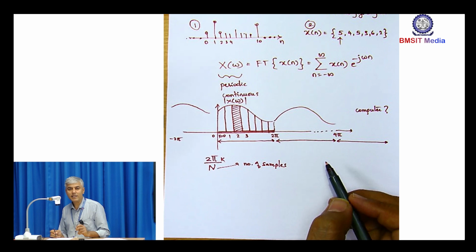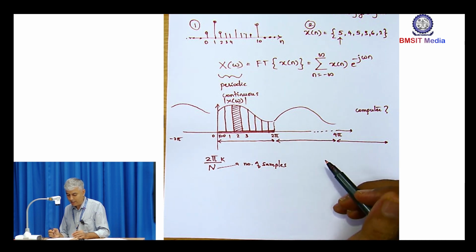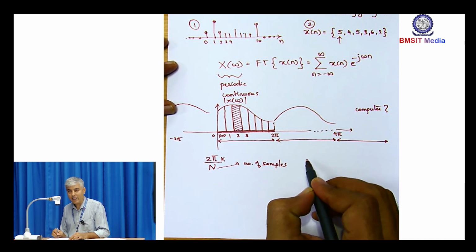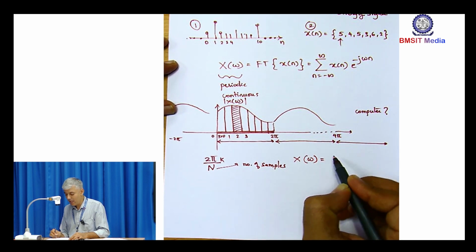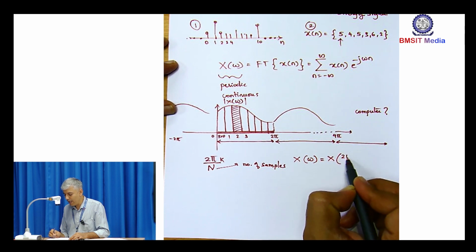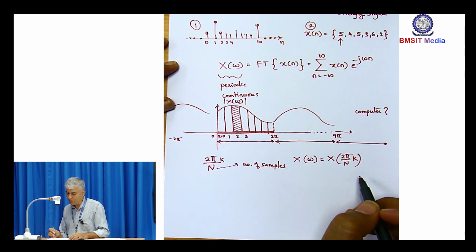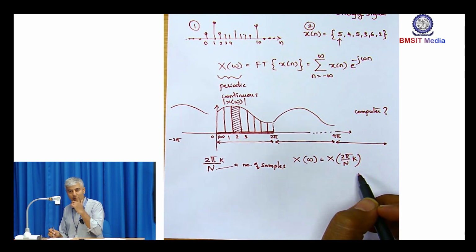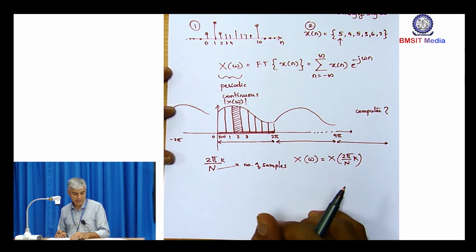So k indicates the kth sample. For example, first sample, third sample, 25th sample, 50th sample and so on. So this k and 2 pi by N can further be represented instead of X of omega as X of 2 pi by N k. So this 2 pi by N k becomes one of our representations for only these samples.